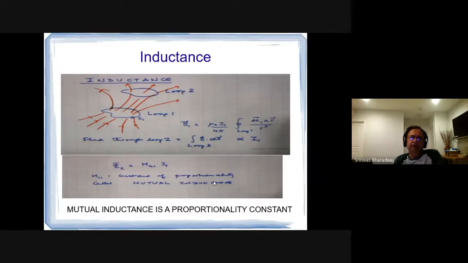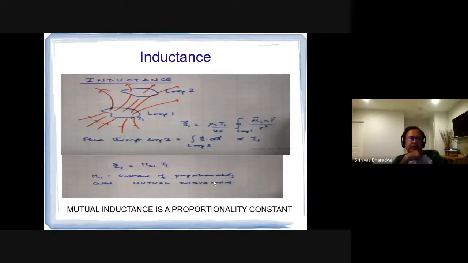Now there are two types of inductance. What is inductance? Inductance happens in the classical case of the transformer.